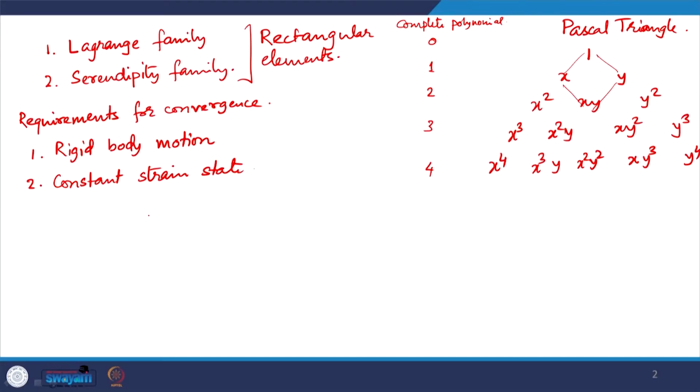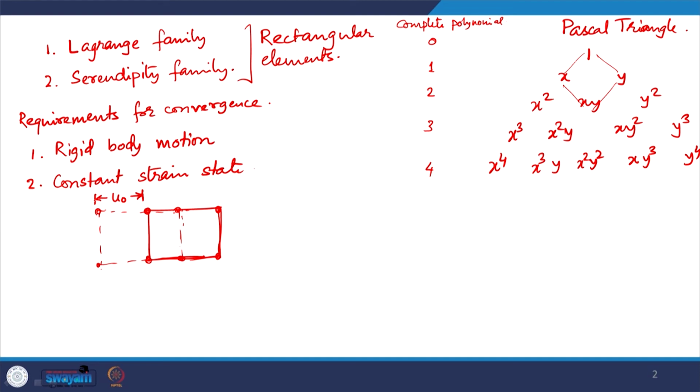I mean, if we look at this particular element, let us say it is required to undergo rigid body motion, and it is now translated, so this is, let us say, u 0, right.